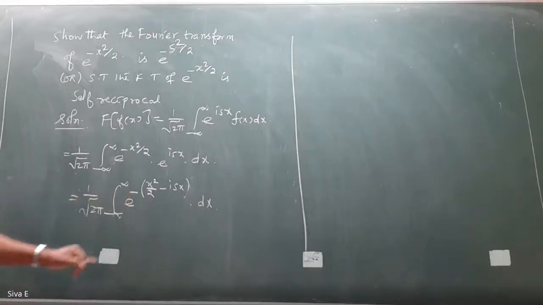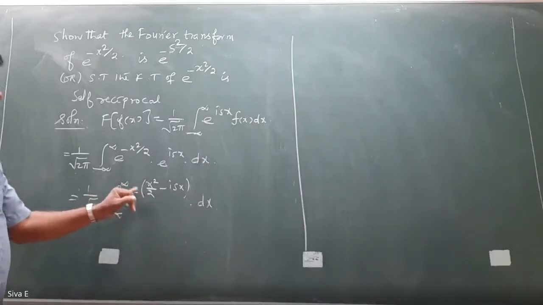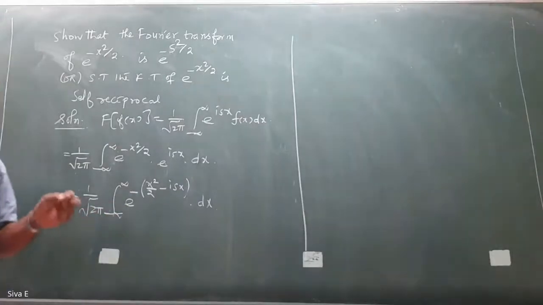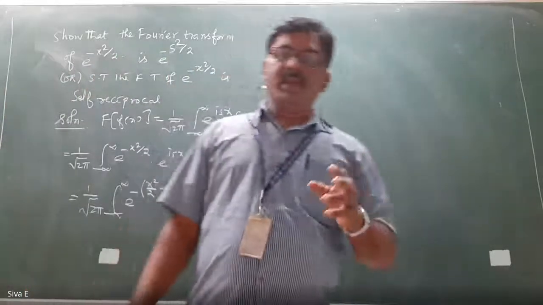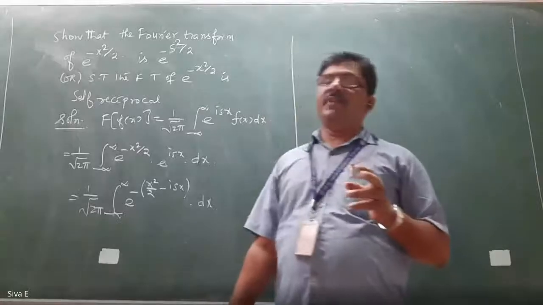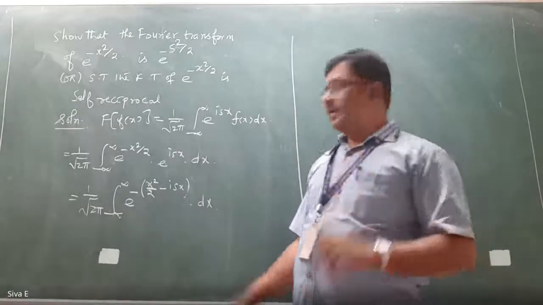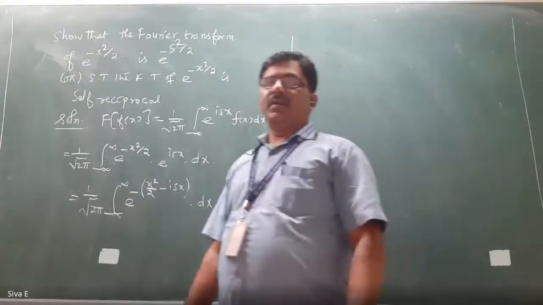In case the limits are 0 to infinity, if you substitute infinity here and the sign is plus, then that solution will not appear. So in case the limits are minus infinity to plus infinity or 0 to infinity, it is better to write the exponential power with a minus. Okay, that is one important point.